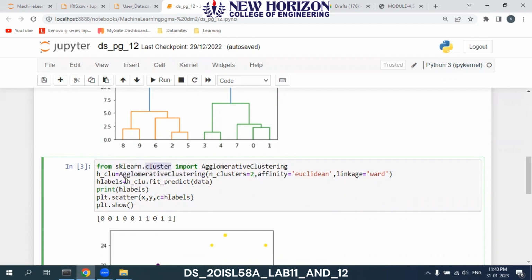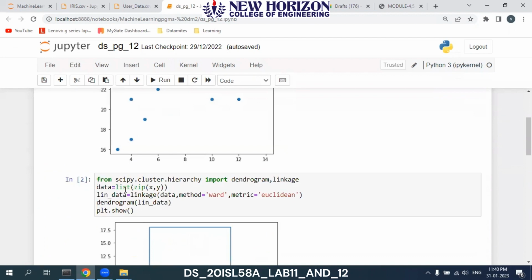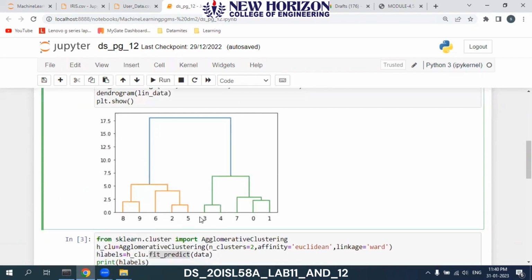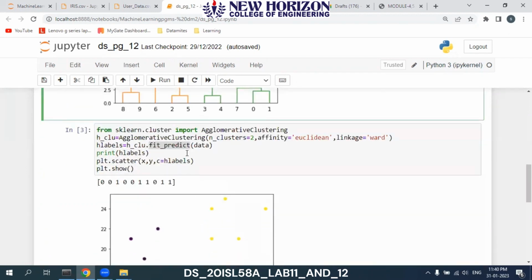And then for the labels, you are giving one variable called H labels, where you will use fit_predict of the data. What is data here? Data is our x comma y values. So this is equal to H_CLU. Using H_CLU, you will fit and predict this particular data and print your H labels.